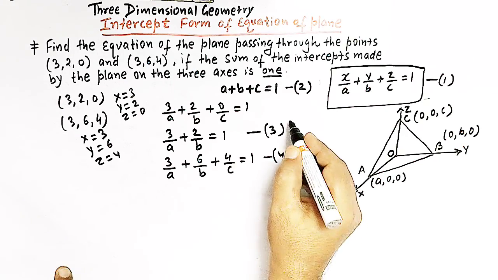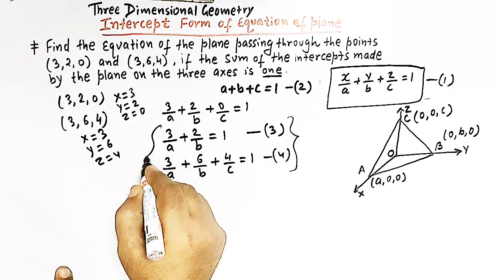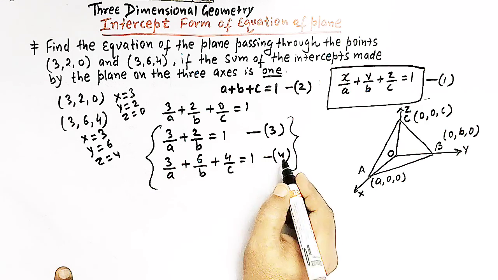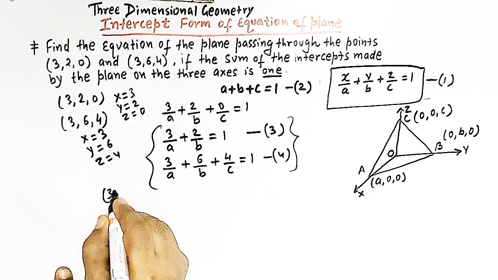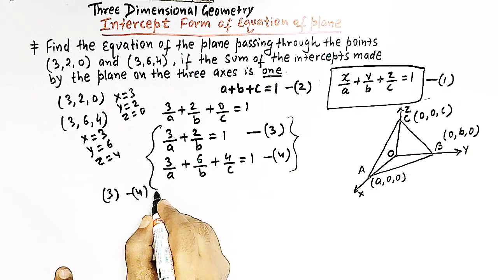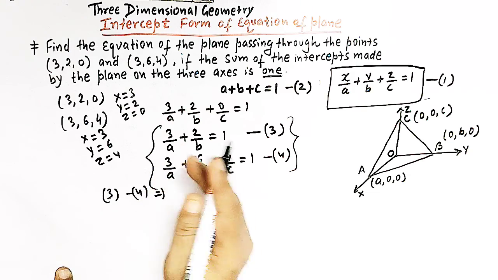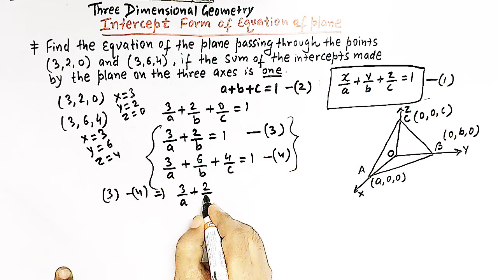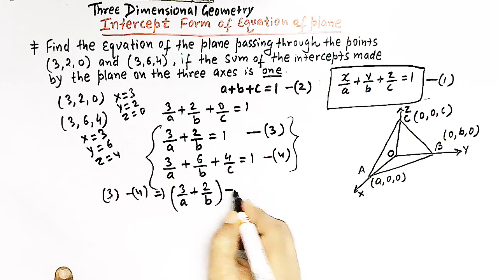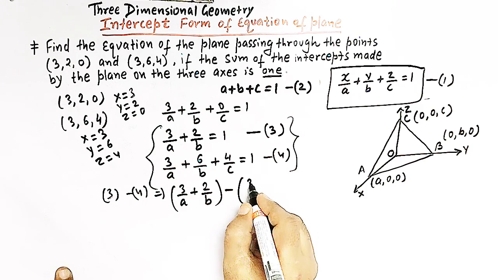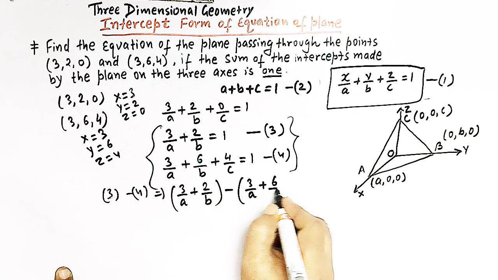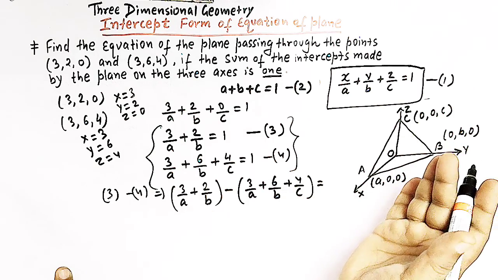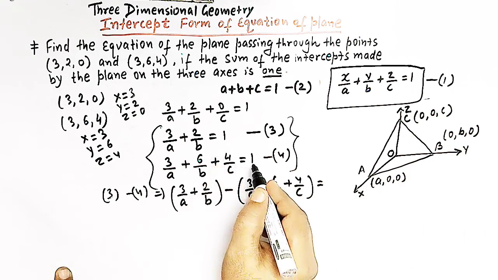So now let us first solve these two equations. So here what we can do, we can subtract 4 from 3. So we can now write 3 minus 4. So here in the left hand side we have 3 over a plus 2 over b, and then we have minus, and we have here 3 over a plus 6 over b plus 4 over c, and in the right hand side we have 1 and 1.